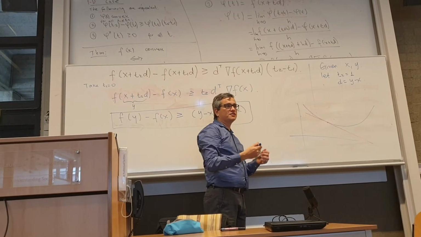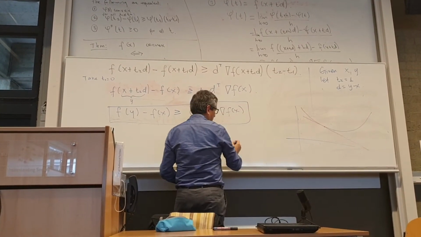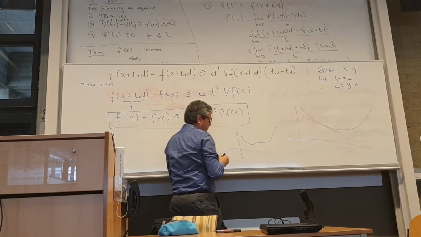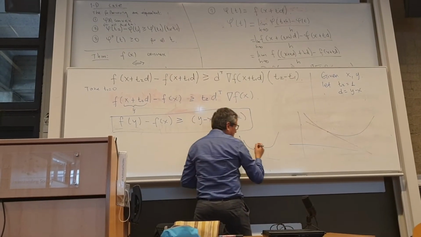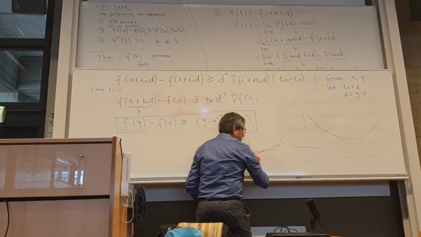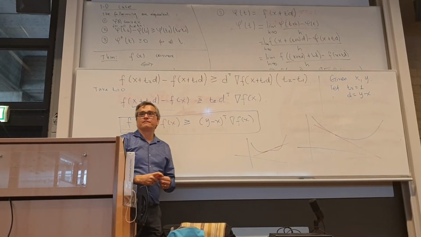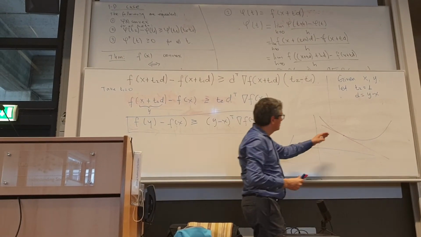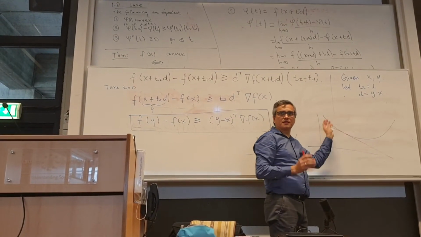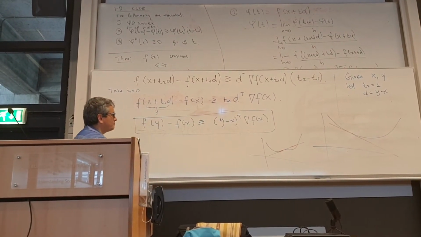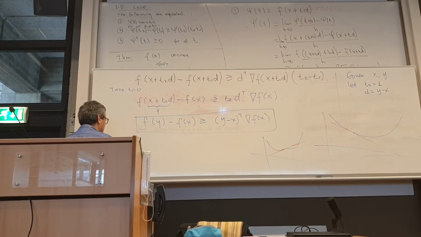If my function is not convex, it looks like this. Then for some point, the first order approximation is going to cross the function. And this is a really strong property. It's like a global property.